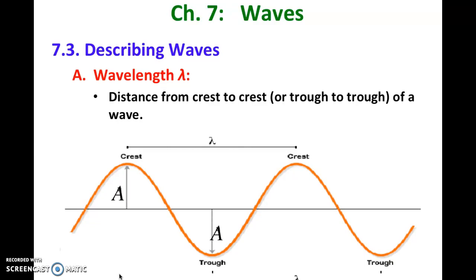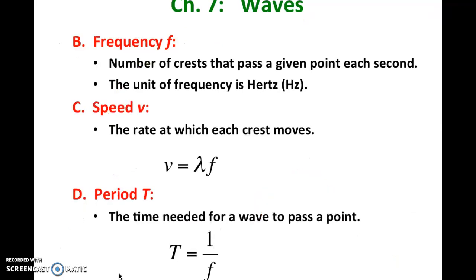Wavelength, usually denoted by lambda, can be simply defined as the distance from crest to crest or trough to trough of a wave. Wave frequency f is the number of crests that pass a given point each second. The unit of wave frequency is Hertz, or per second.